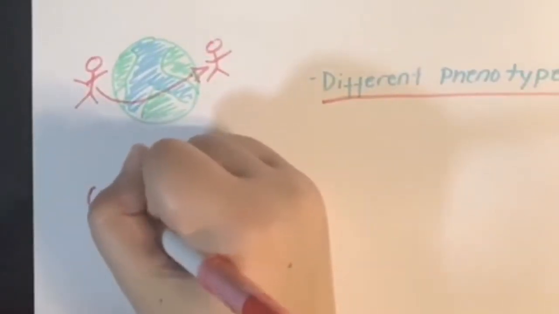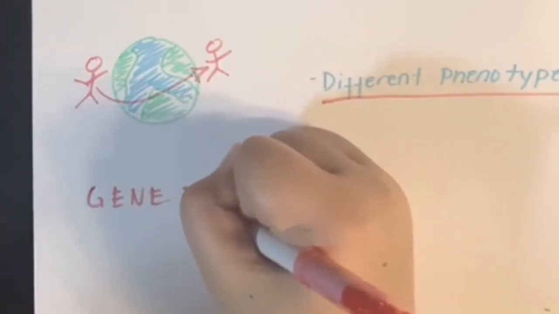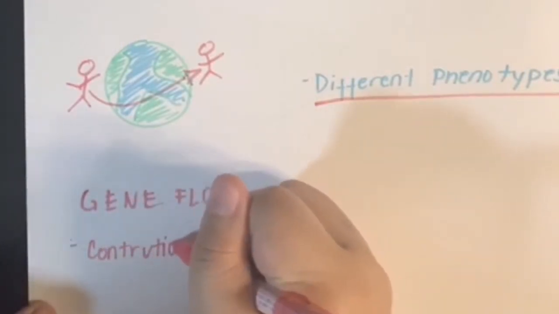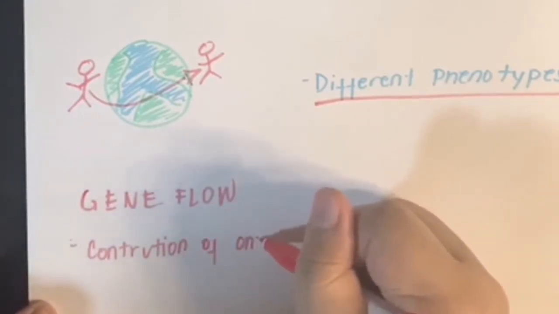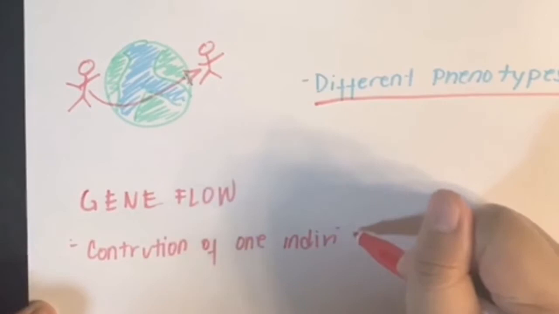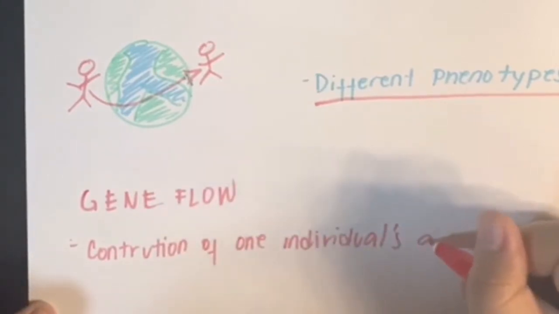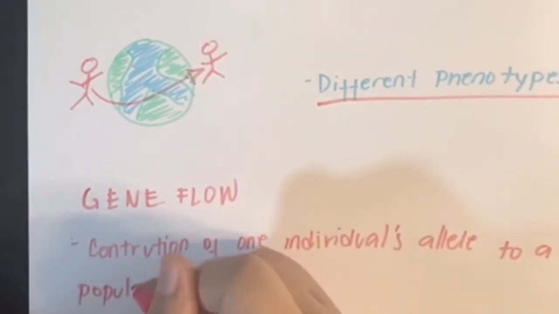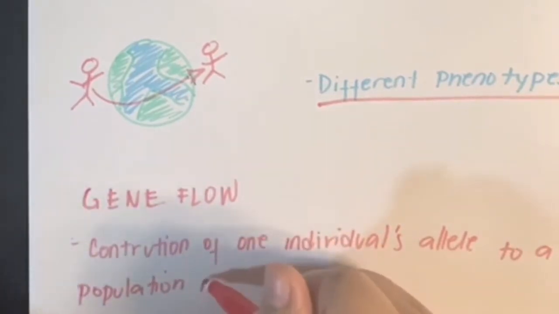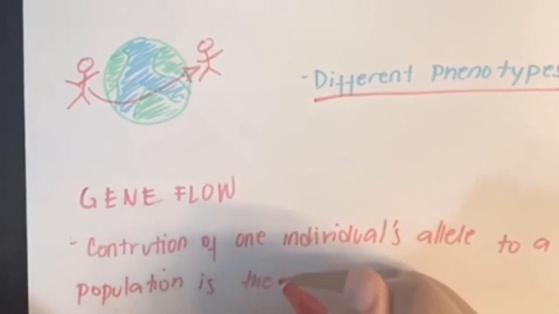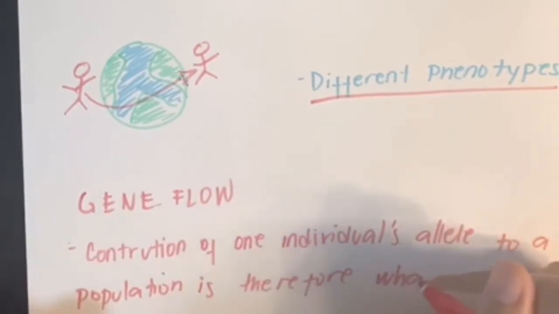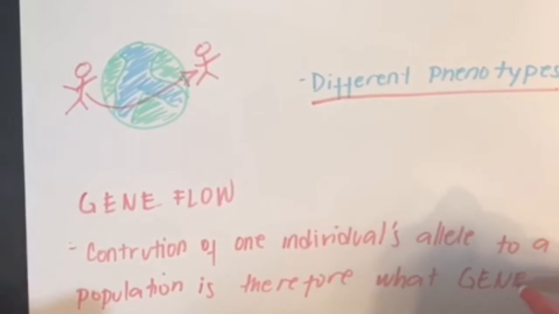So basically, gene flow is the contribution of one individual allele to a population. That is therefore what gene flow is.